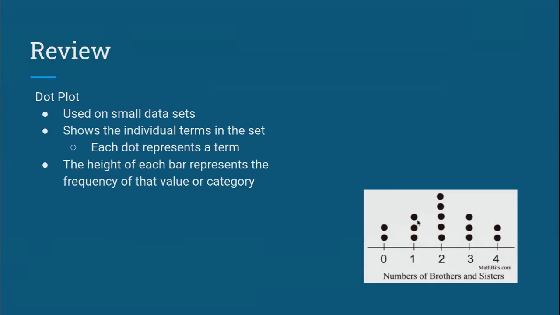The height of each bar represents the frequency of that value or category. So here we can see each individual person. If you needed to know about each individual person or each individual term, then a dot plot would be your best graph.